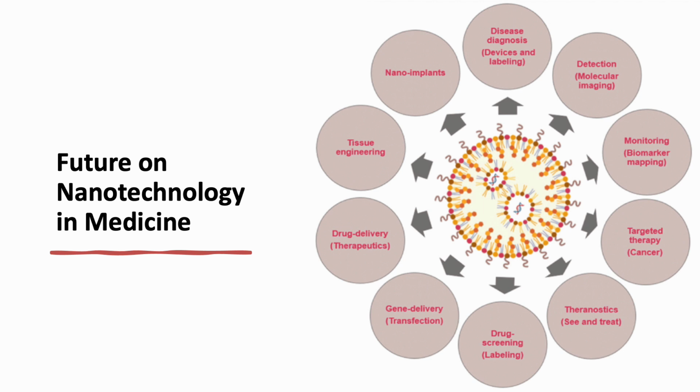We can also do early detection of different diseases like cancer. So here we talk about molecular imaging. We can do monitoring through biomarker mapping. We can, as I already mentioned as well, have a targeted therapy, like for example for cancer, but not just cancer, also viruses.